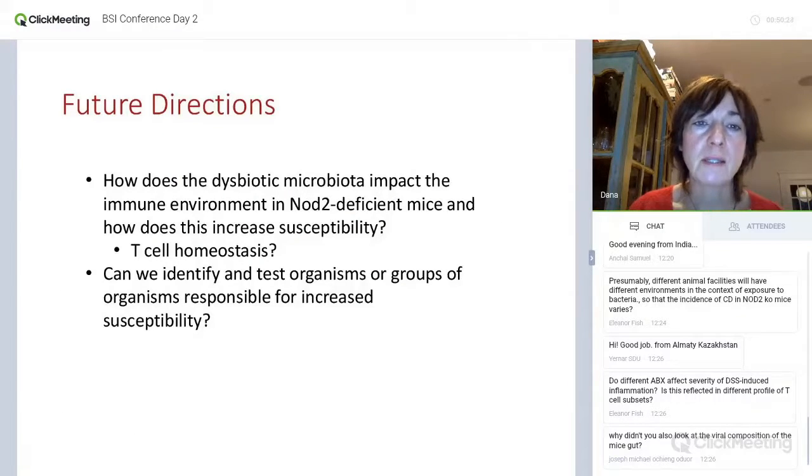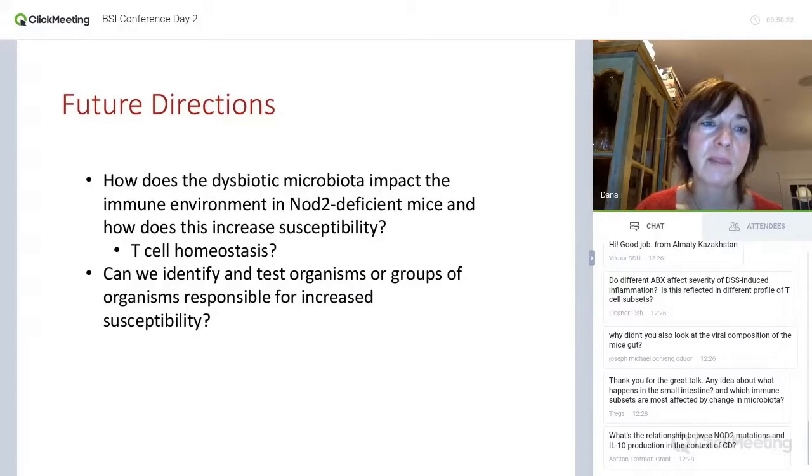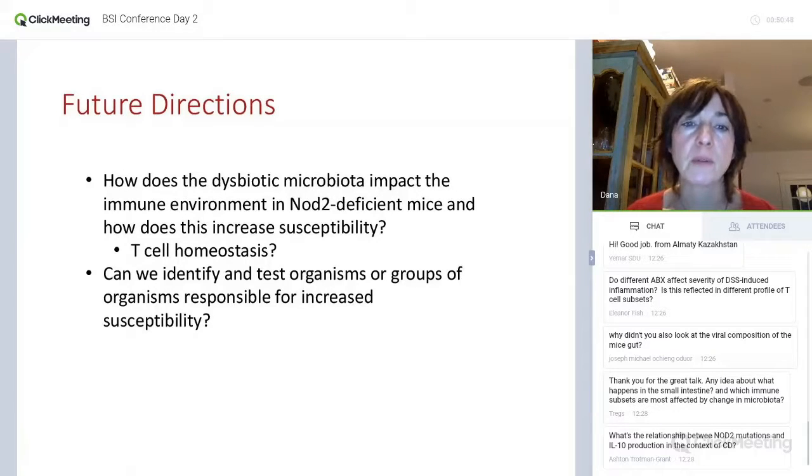So in the future studies, as I mentioned, we want to understand whether it's really this T-cell homeostasis within the intestine of animals that are exposed to neonatal antibiotics. Is that really what's important in driving disease susceptibility? And on the other side of things, we also want to try to identify and test organisms or groups of organisms that might be responsible for this increased susceptibility.